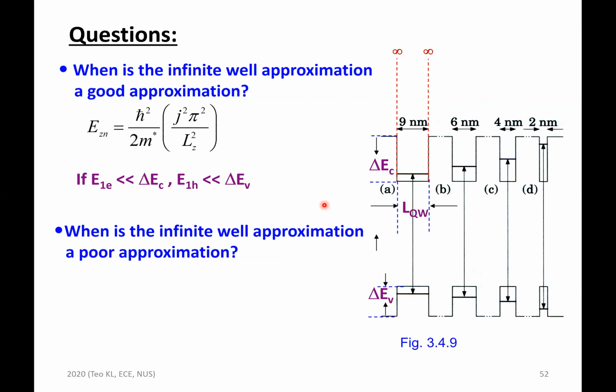To put it in other words, when is the infinite well approximation a poor approximation? If your well width is very small, okay, or your delta EC or delta EV is very small.